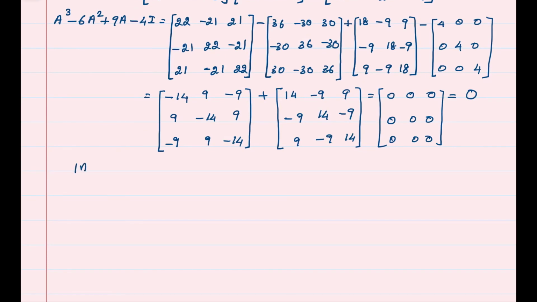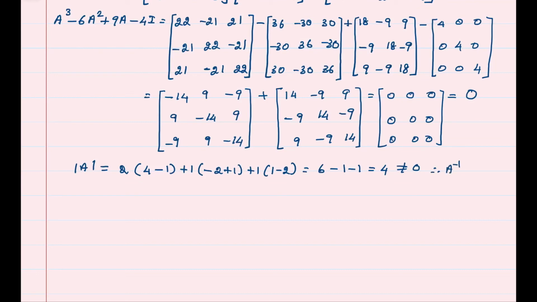Now the determinant value of A, we will expand along the first row: 2 times 4 minus 1, minus of minus plus 1 into minus 2 plus 1, plus 1 into 1 minus 2, which is 6 minus 1 minus 1, 4, not equal to 0.